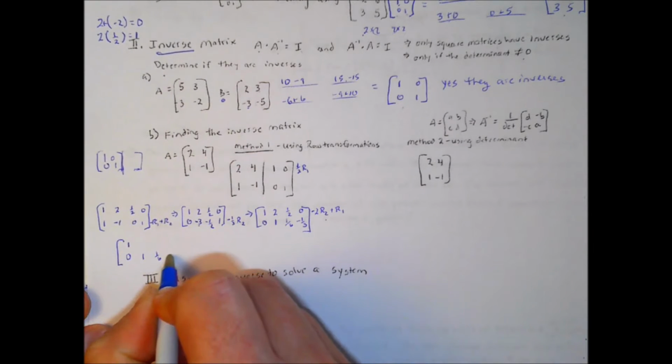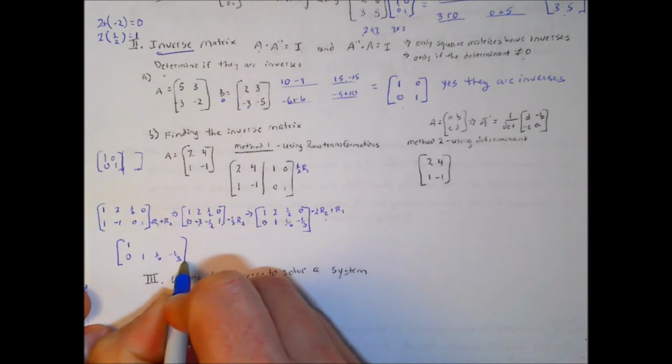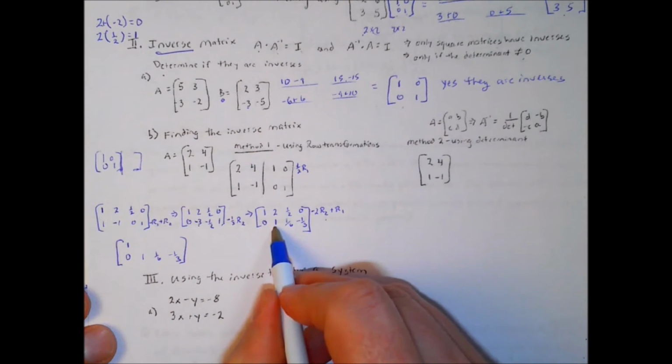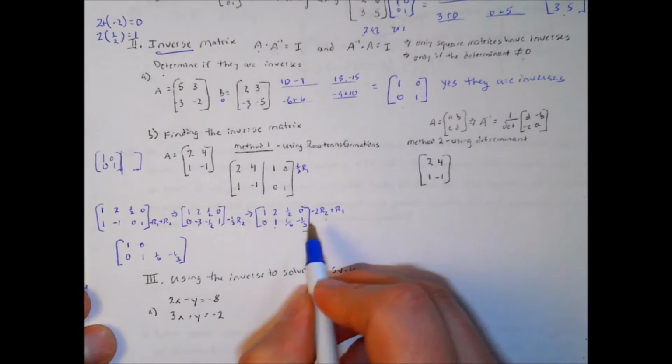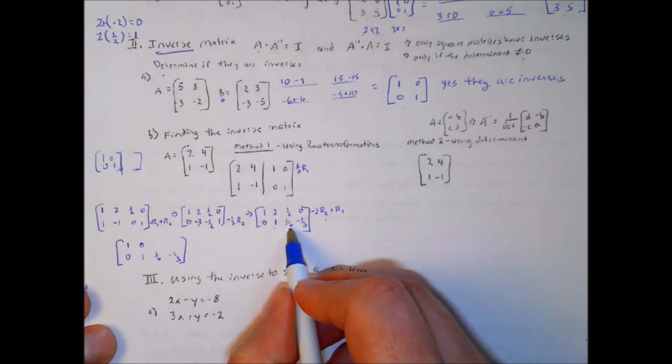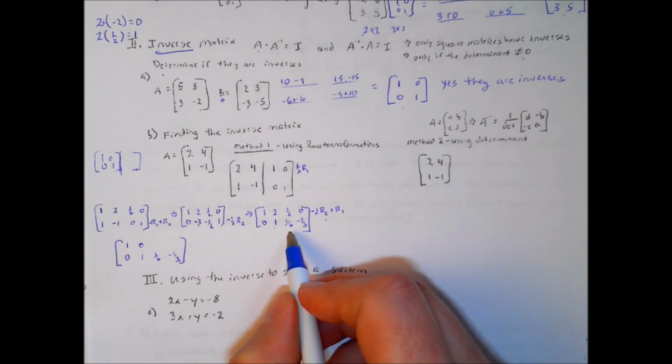Negative 2 times 1 is negative 2, plus 2 is 0. Negative 2 times 1/6 would be 2/6, which is 1/3. And I'm going to add that to the 1/2.